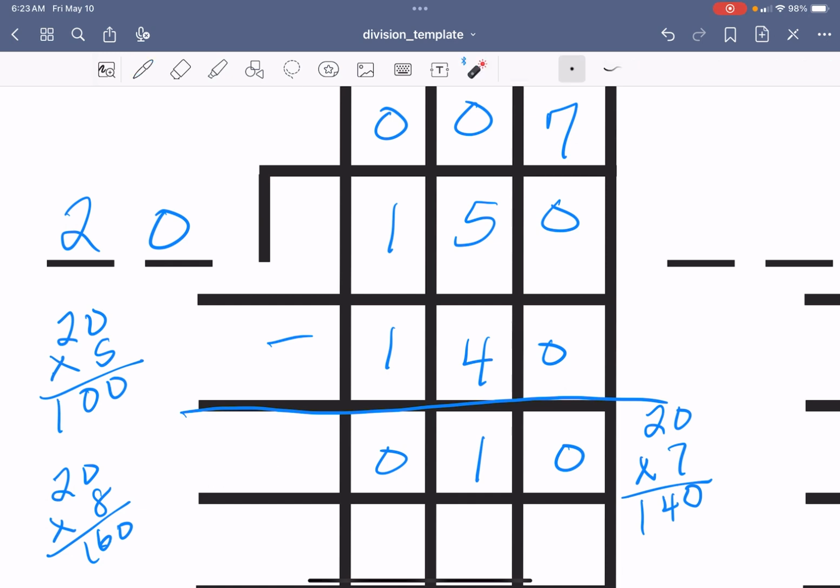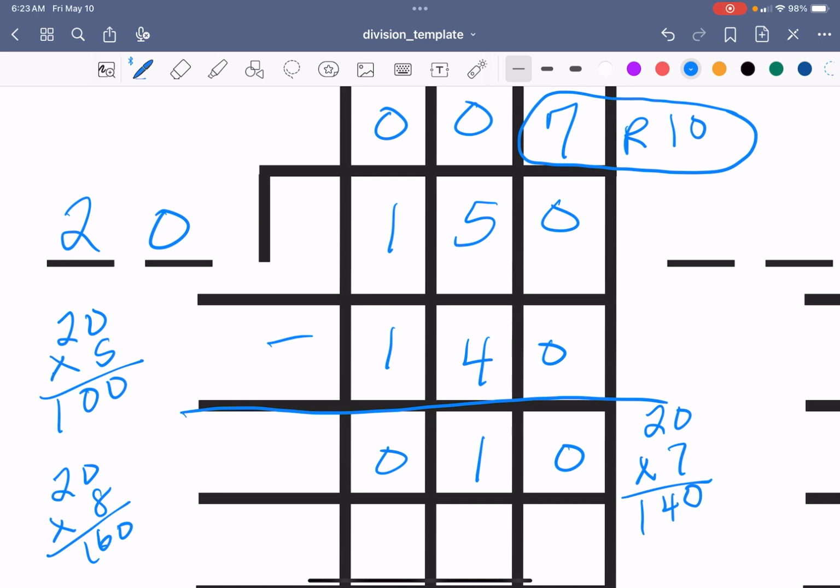So we are left with 10. 20 can't go into 10, so that's going to be our remainder. So our final answer is 7 remainder 10.